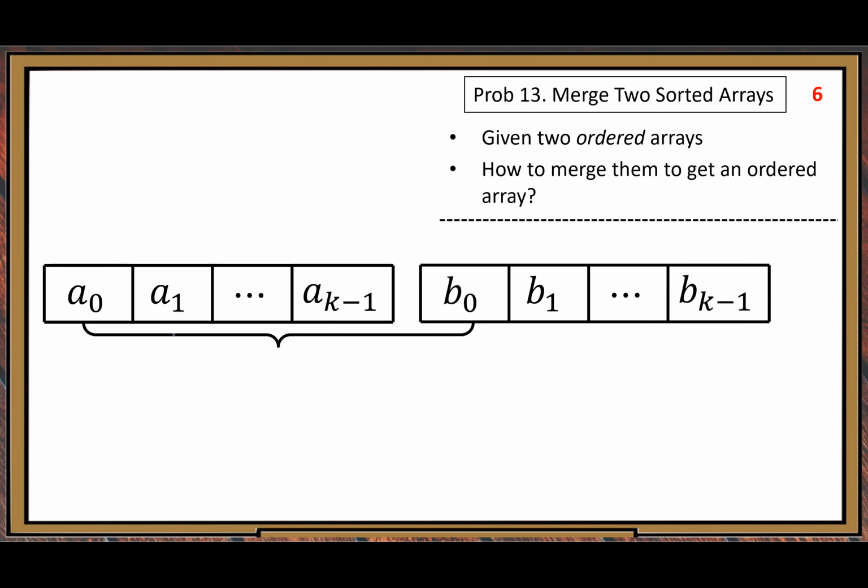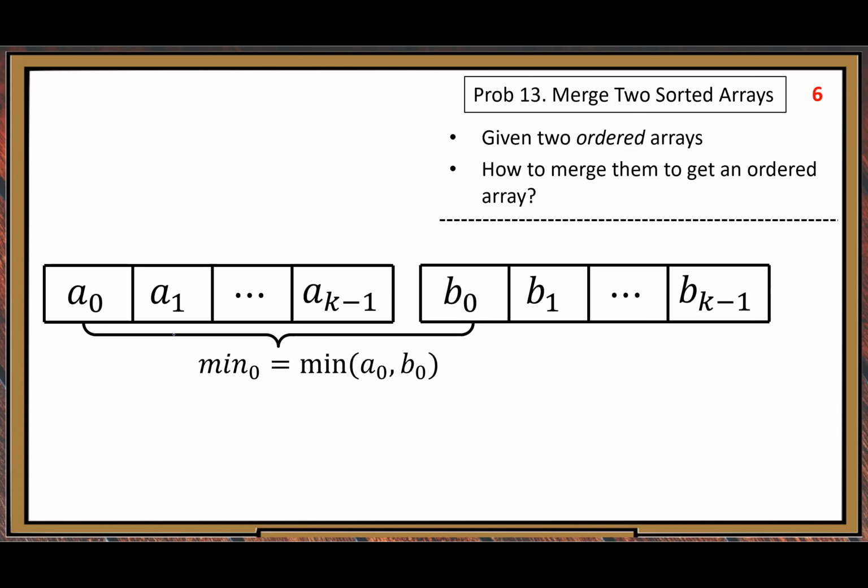A0 is the smallest in the left subarray, and B0 is the smallest in the right subarray, right? After one comparison, we get the minimum of those two elements, A0 and B0.